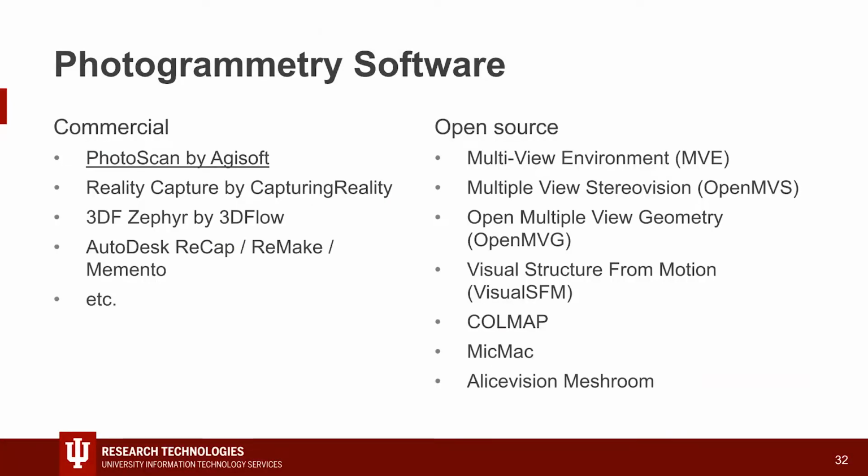So for photogrammetry software, here we support Photoscan by Agisoft. They've been around for a fair bit now. It's a Russian company. I think they've now got 4 employees. They used to only have 2, but I've seen other people on the forum, so they're growing a little bit. Reality Capture by Capturing Reality is from another Eastern European country.